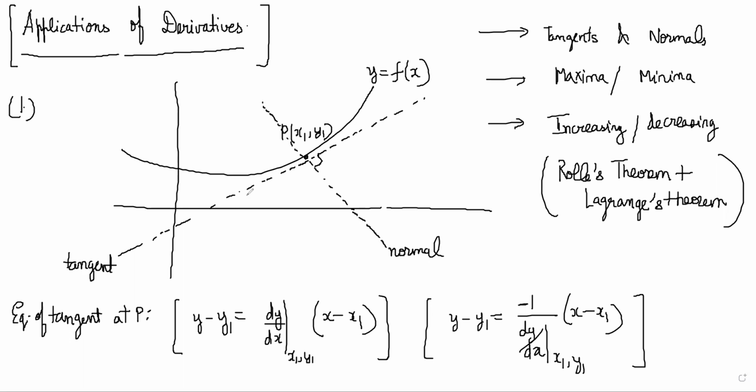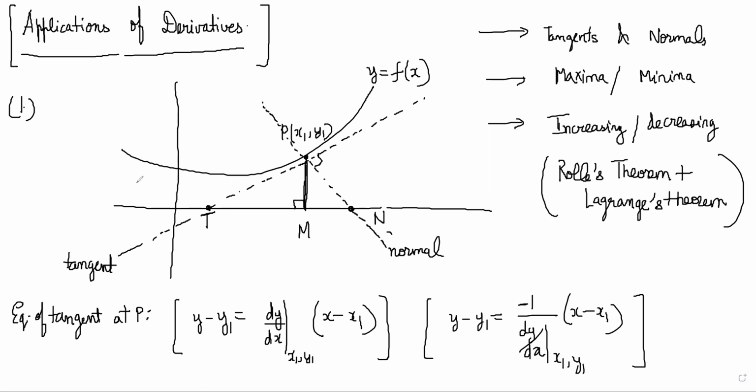If you draw this diagram and drop a perpendicular from this point of tangency to the x-axis, let's label the foot as M, and call these points T and N. The tangent equation cuts the x-axis at T. The normal equation cuts the x-axis at N, and the perpendicular from P on the x-axis gives your M point.